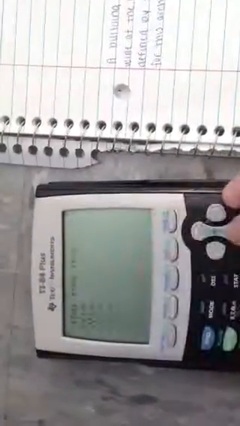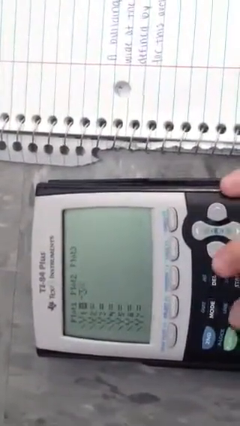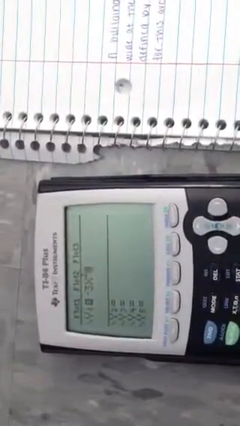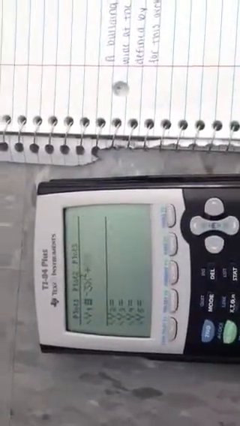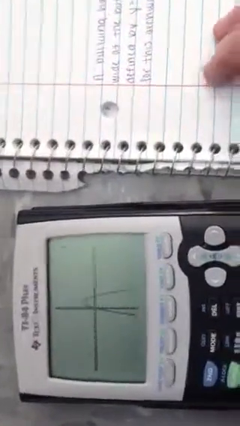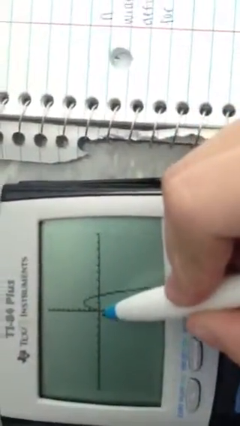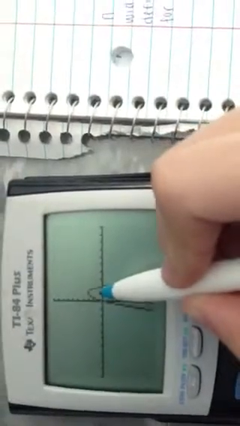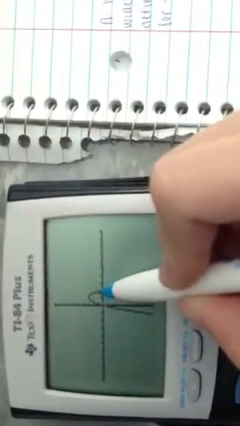In order to find the other endpoint of the interval, just graph it. The interval is from 0 to 2, and you're finding this section.